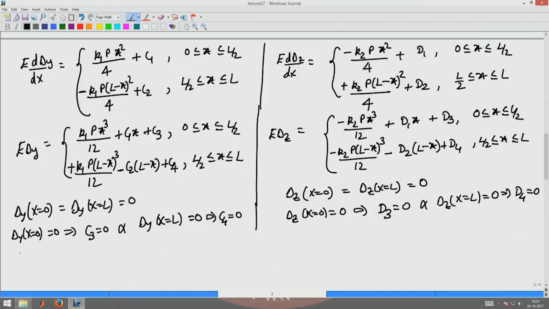The first continuity condition that we will enforce is delta y at x equal to L by 2 minus should be equal to delta y at x equal to L by 2 plus. So what does this mean?